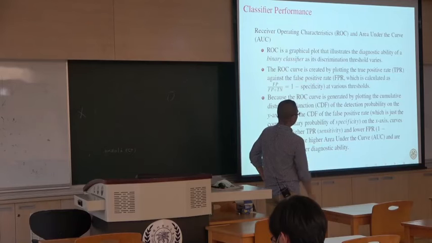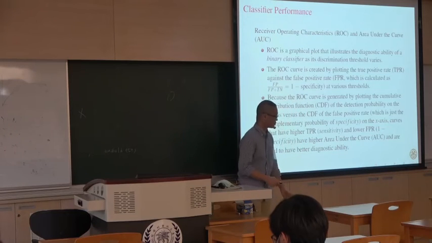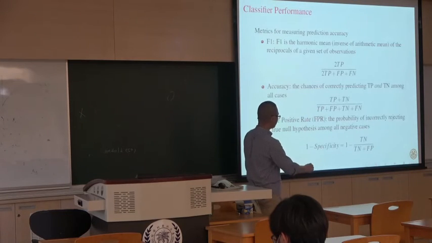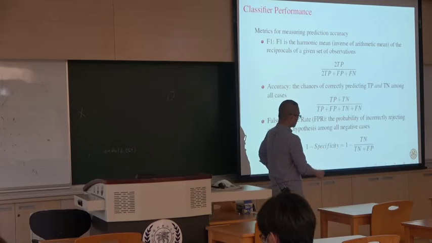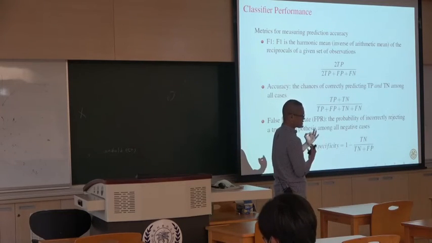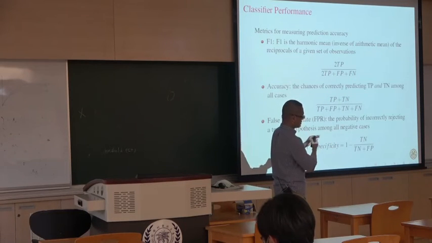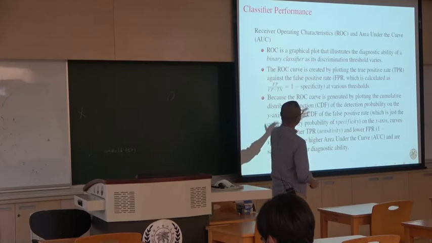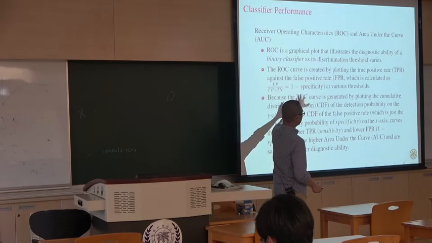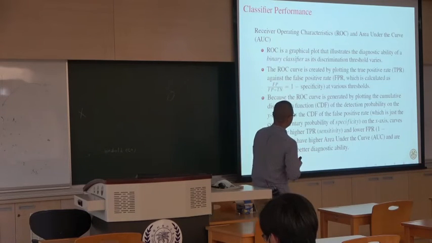The false positive rate is the probability of incorrectly sorting cases to the wrong group. The true positive rate and the false positive rate share an inverse relationship.